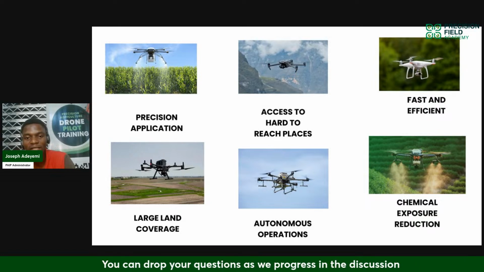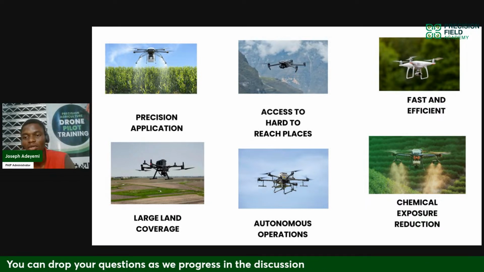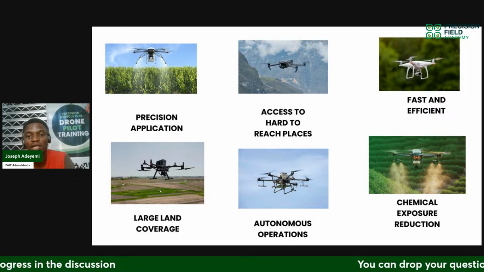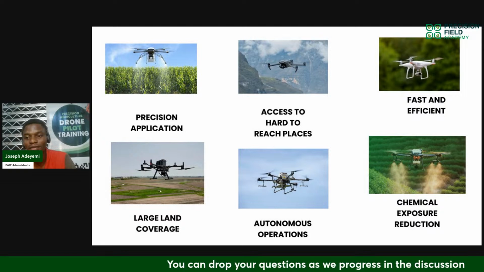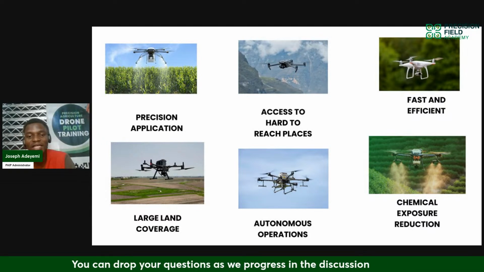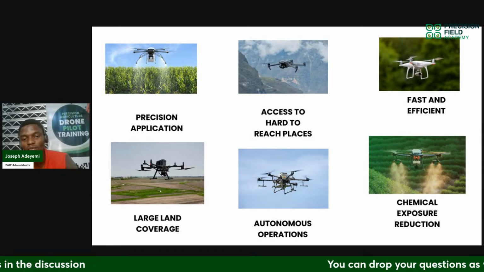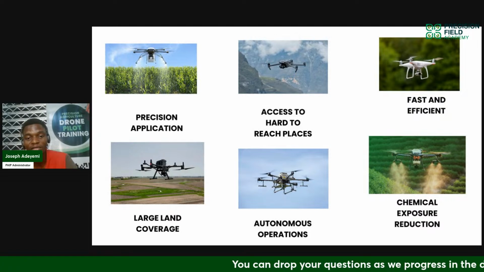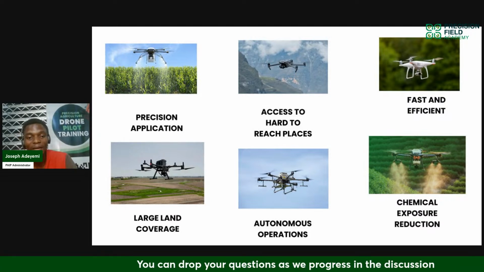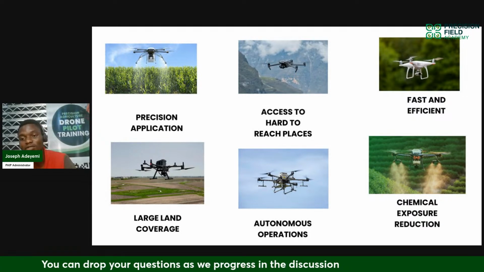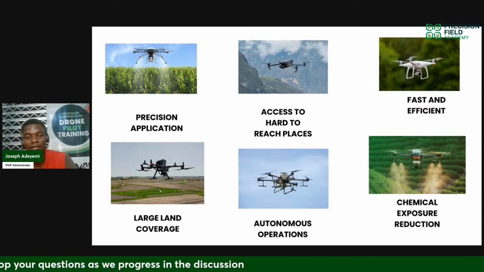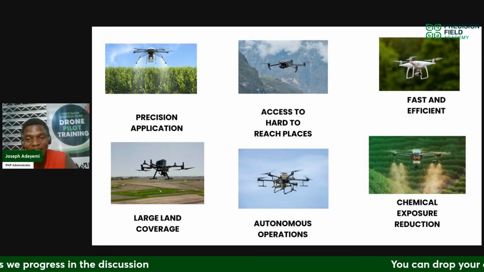Compared to human effort or human energy, drones are very fast and efficient. They can work at a faster pace and more efficiently compared to what humans will do. One of the surprising solutions that I've witnessed is that with a knapsack sprayer, you could be spending up to above an hour to spray 1 hectare of farmland effectively.